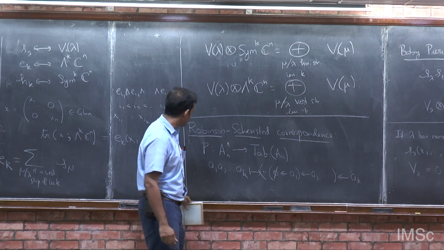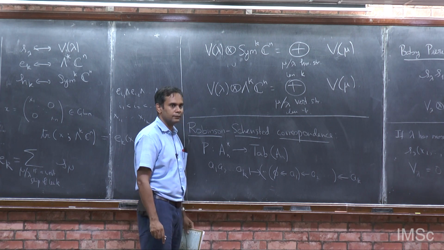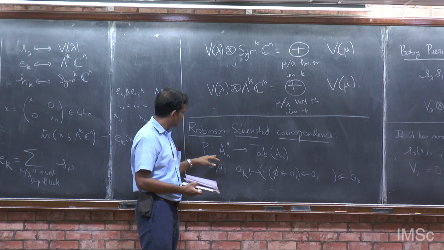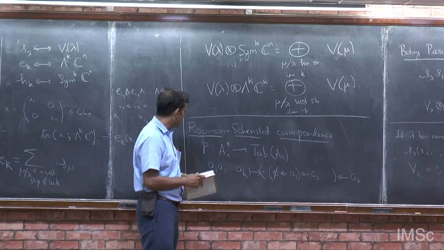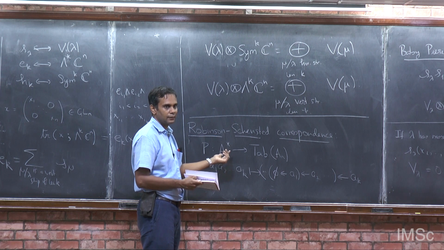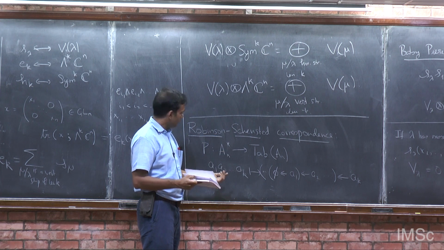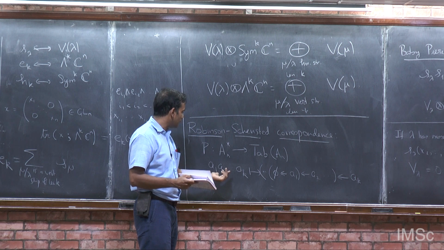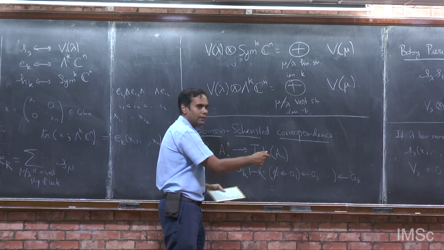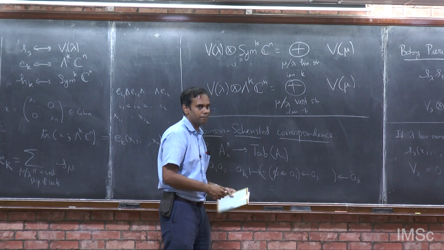The domain is A_n star. You could do it with R^k as well. Yes, A_n star, where k is the length of a word in A_n star. So, you can do this with any word. If you do it with a row, you will just get that same thing back, a1, a2, ak.